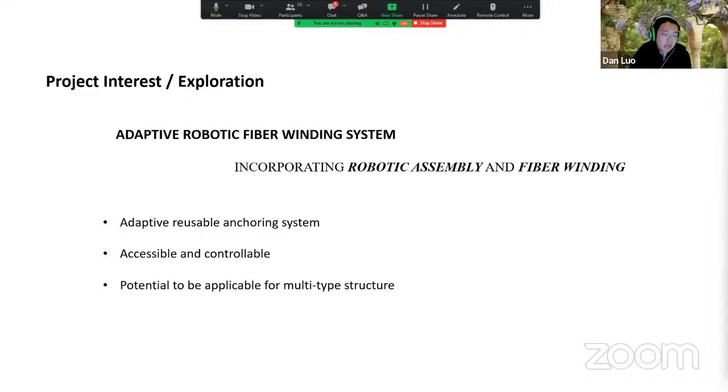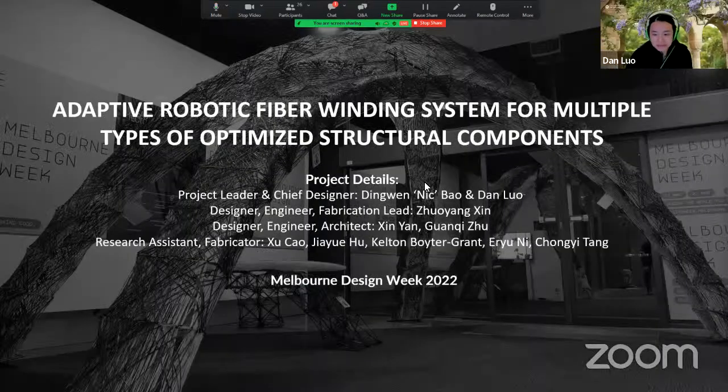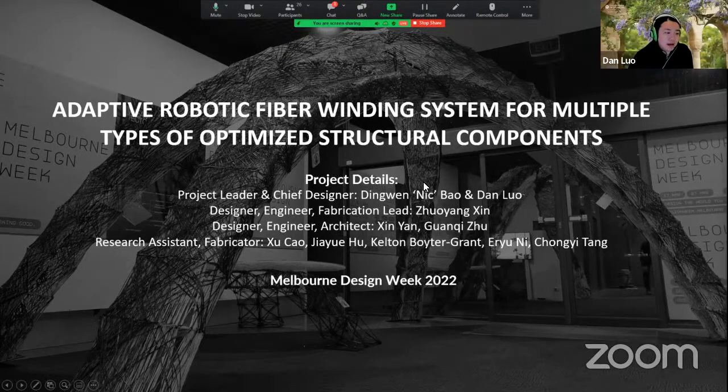Also, we're looking at how FRP can be used to fabricate components that can be combined with existing industry workflows. The first project that we're going to introduce is developed in collaboration with Nick Bao.